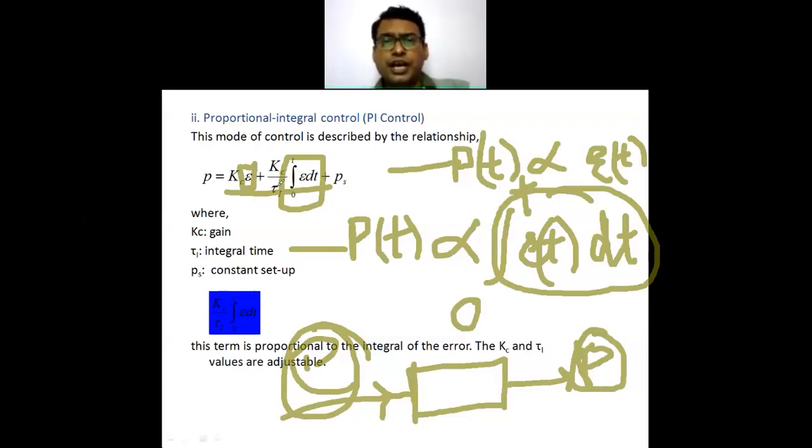Now this Ti is your integral time. So the term is proportional to the integral of the error and Ti is the integral time, integration constant.